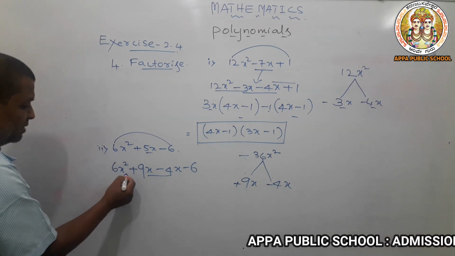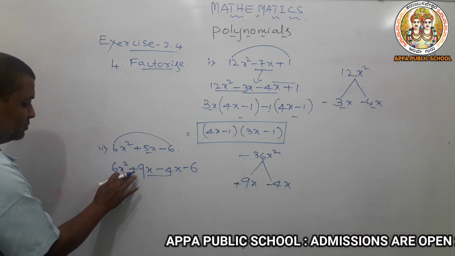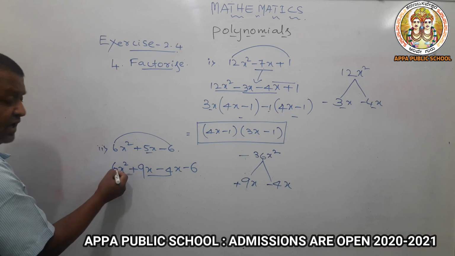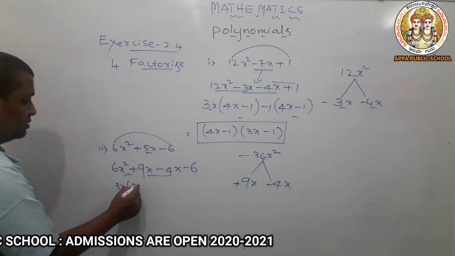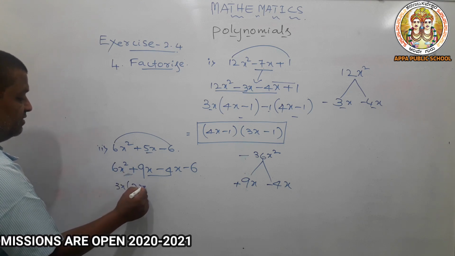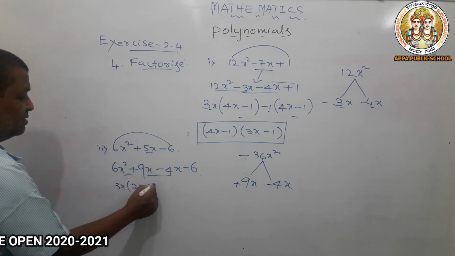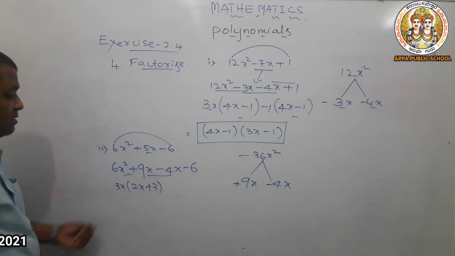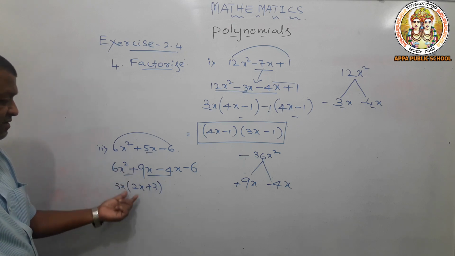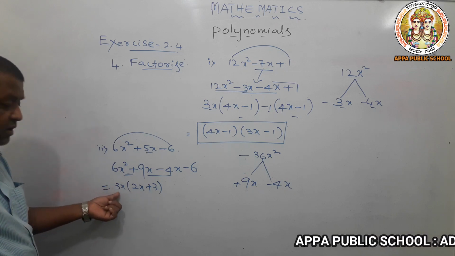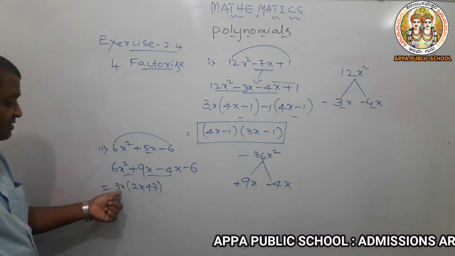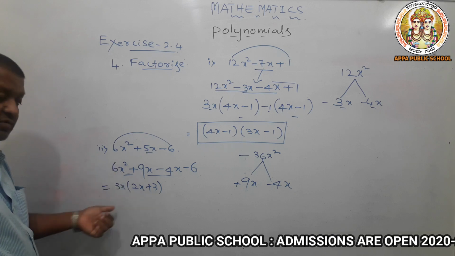Next, what is common in these two? 3x: 3 twos, 3 threes. So 3x is the highest common. I remove it out. Then 3 twos are 6, 3 threes are 9, x comes out.